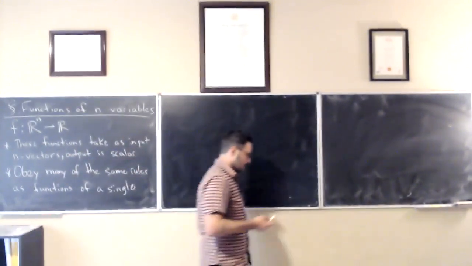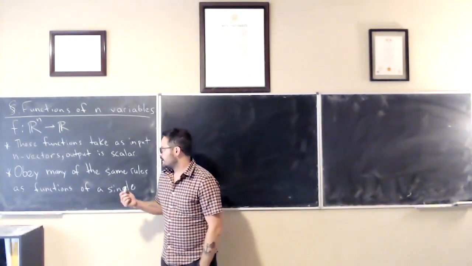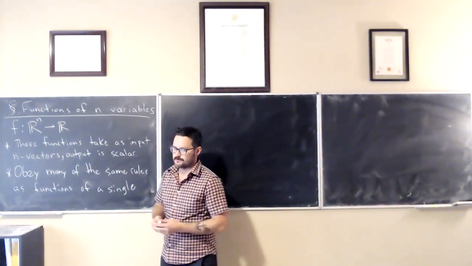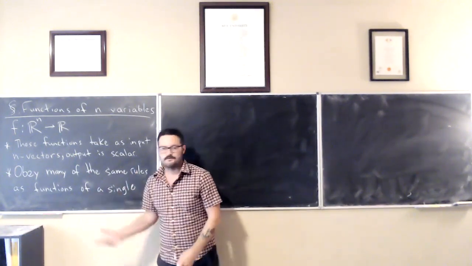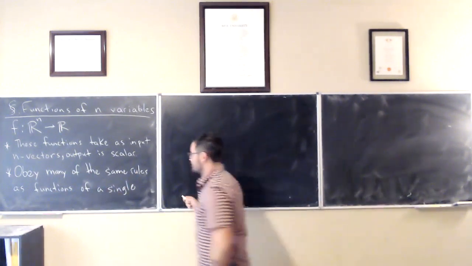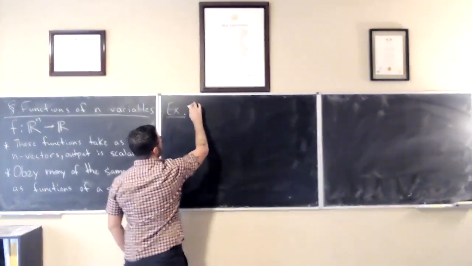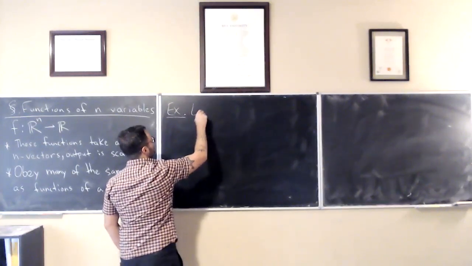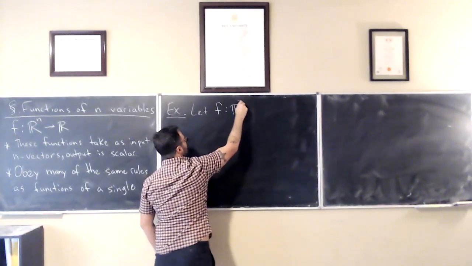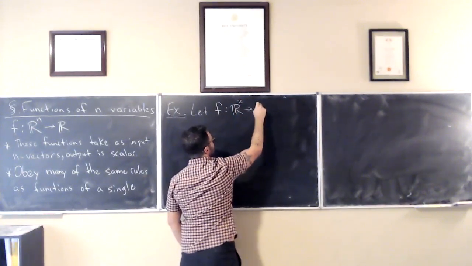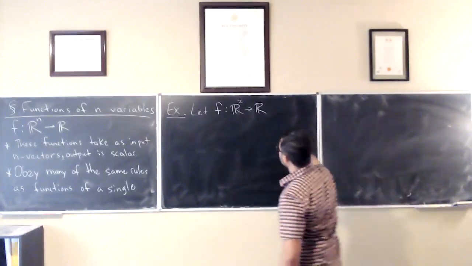Now, to best illustrate how these functions are very similar to functions of a single variable, we're going to look at one example and focus on it for a few minutes. Let f map R^2 to R, so it takes as input two-dimensional vectors.